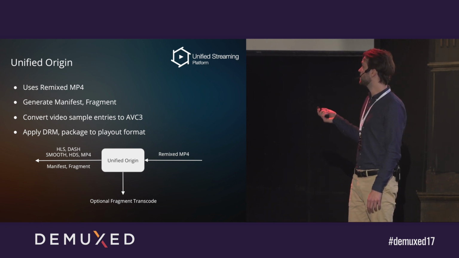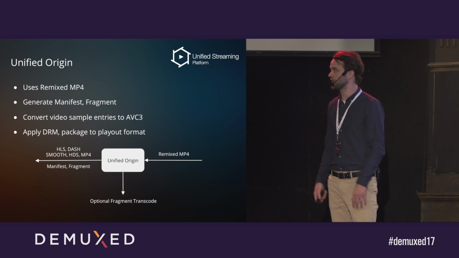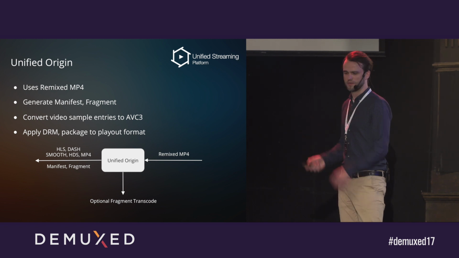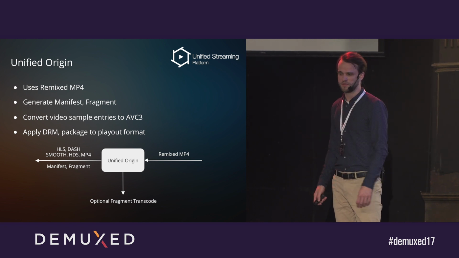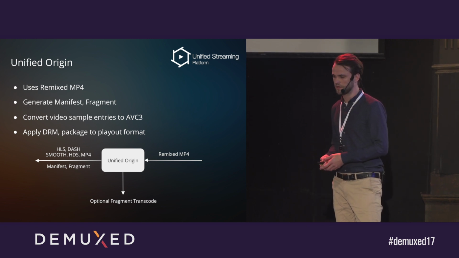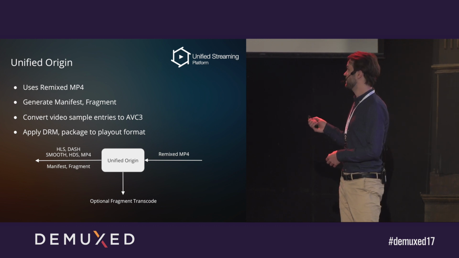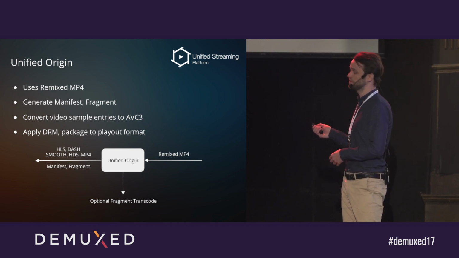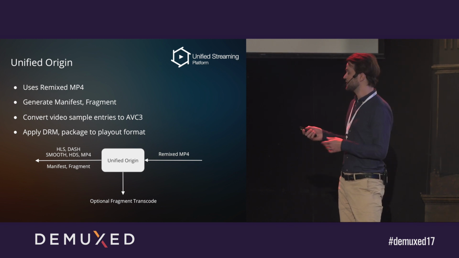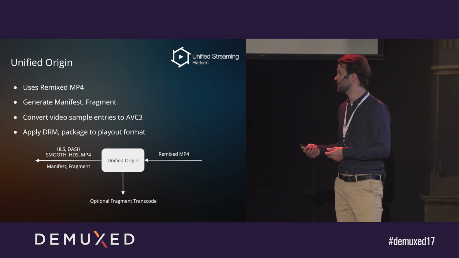So at that point, we can offload this fragment to the transcoder to just fix this fragment before we serve it. An important step is that we convert video sample entries to AVC3, because instead of collecting all the unique codec configurations and making sure that they all have unique IDs, and then we have to patch every single different piece of content to make sure they reference the unique IDs, well, we just convert to AVC3, which means we will do in-band signaling of video configuration.